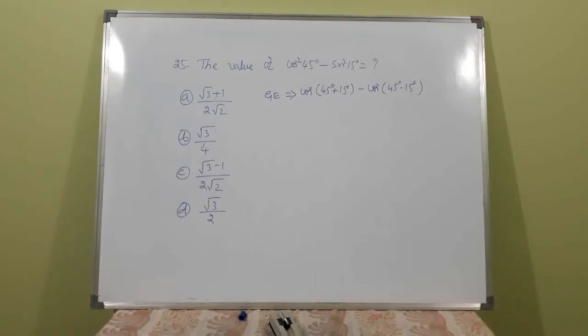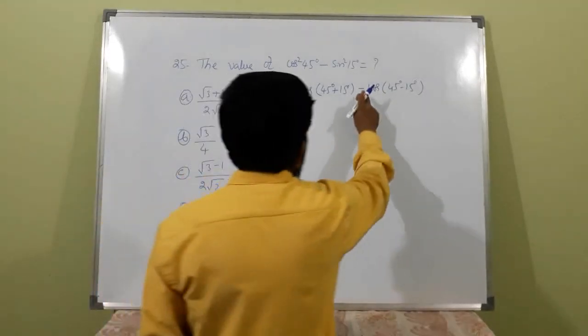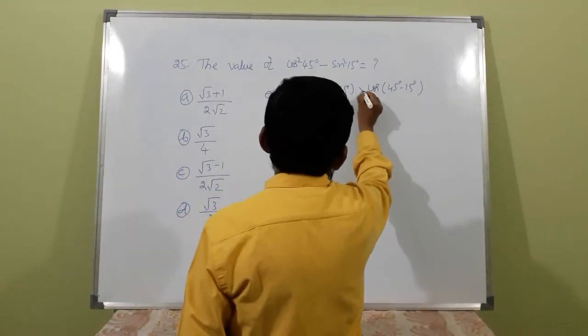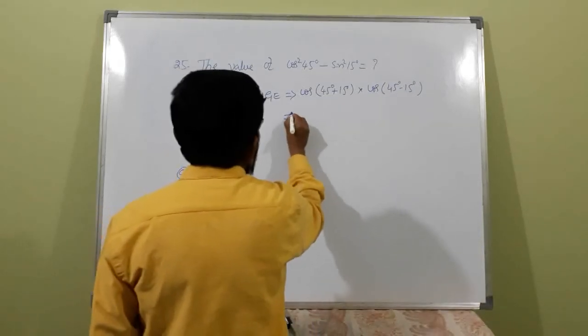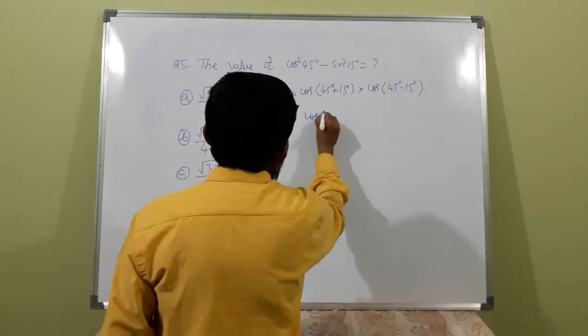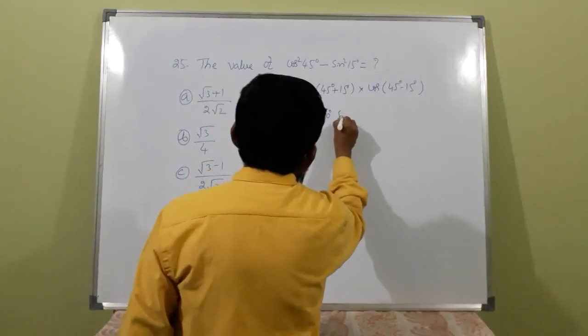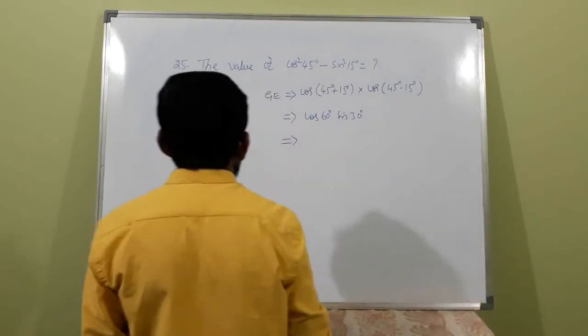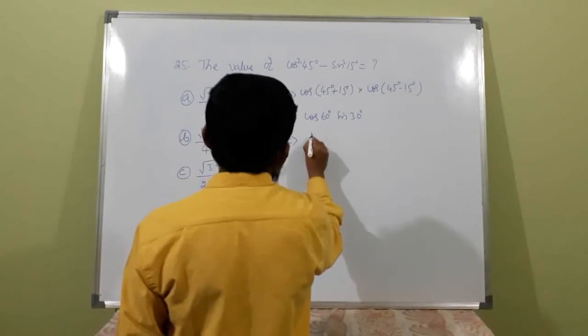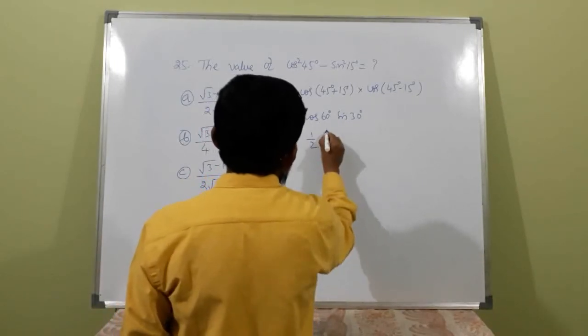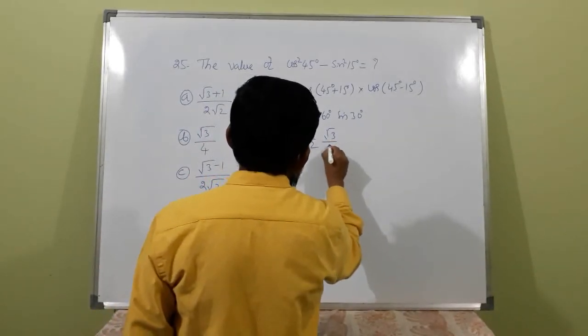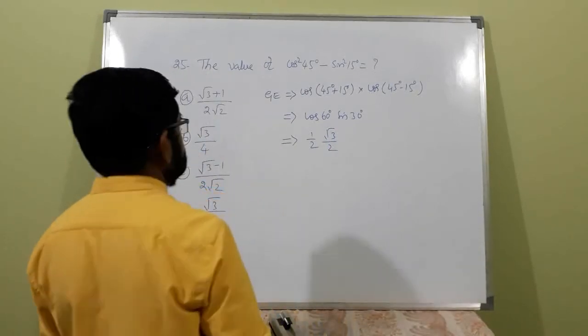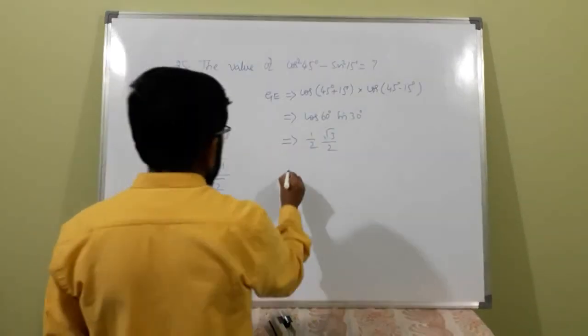Cos 45 plus cos 60 minus cos 30. That implies cos 60 is 1 by 2, cos 30 is root 3 by 2. Answer is D.